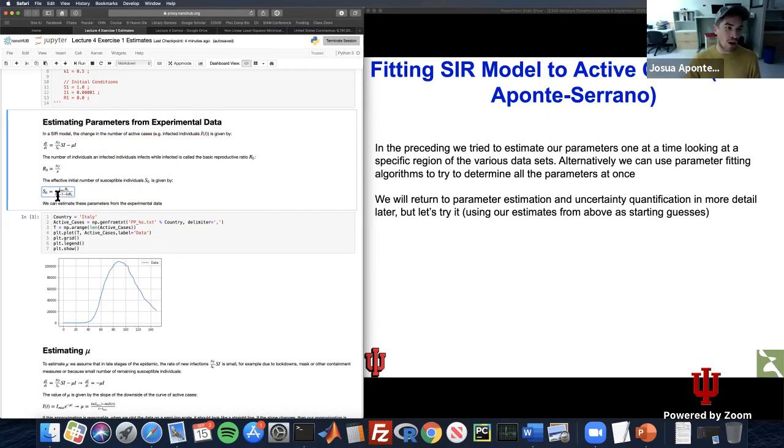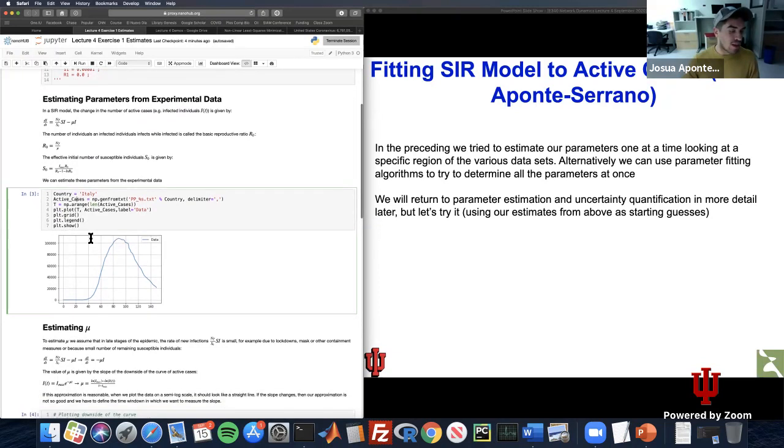We have R naught or we have I max. Since we have I max, then we can use that quantity to estimate S naught, which is a number that we don't know, right? Which is the effective susceptible population that is not to be equated with the total population.